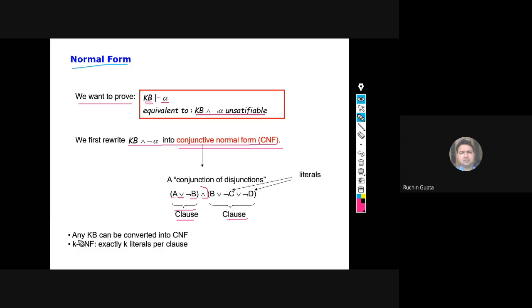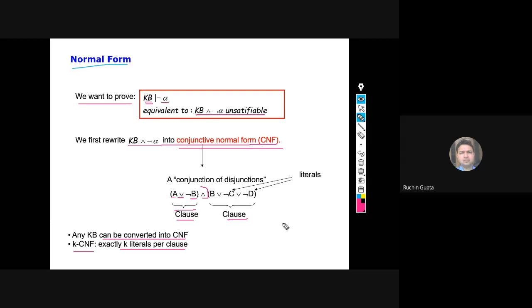Any knowledge base we have can be easily converted into the equivalent CNF. If there are k literals per clause, then it is called k-CNF normal form.